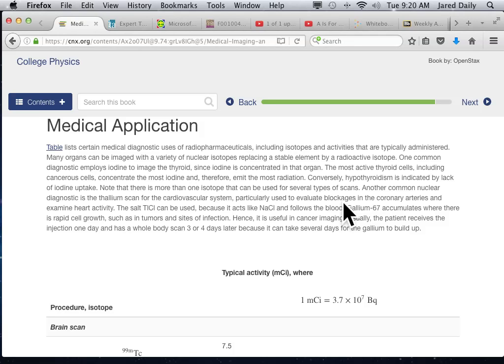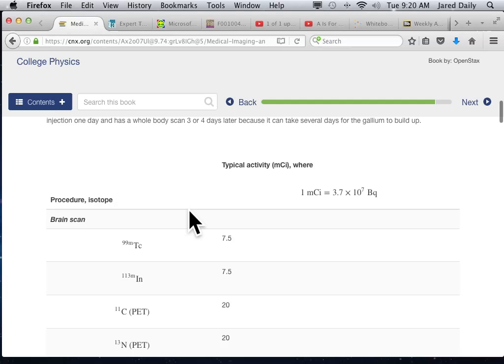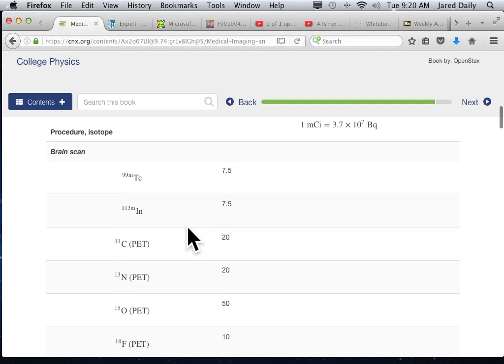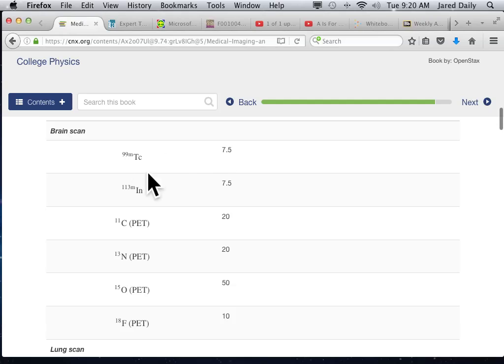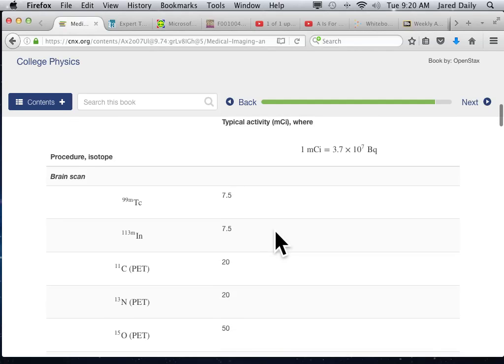So, here we have brain scan isotopes. These are used for different types of brain scans and different types of situations. They've got the type of material and then the activity. This tells you in millicuries how many decays they're getting.